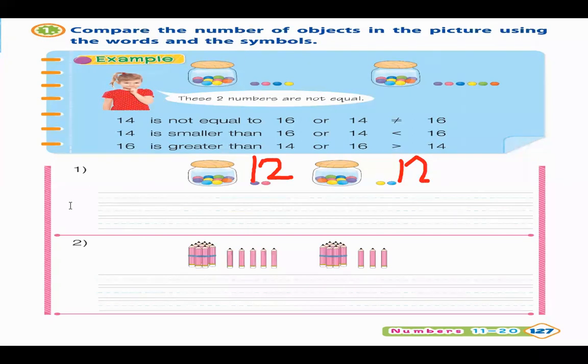Then you have to write down here: 12 is equal to 12, or 12 equals 12. We don't need to write if it is smaller or greater, because they are equal.